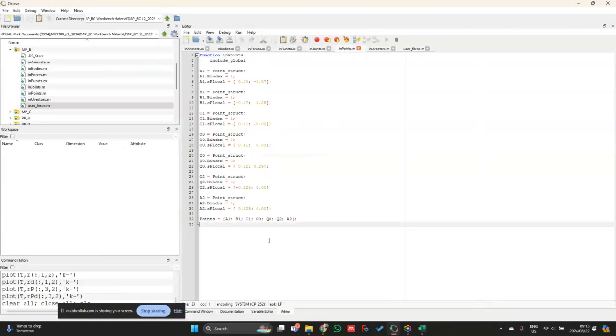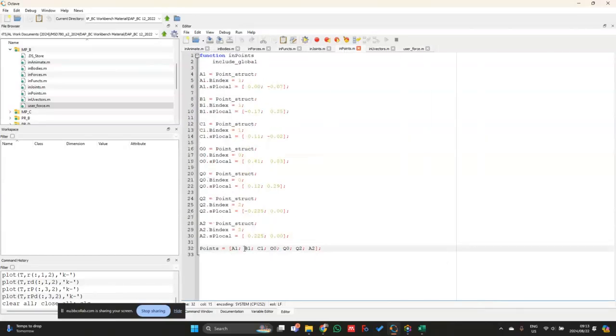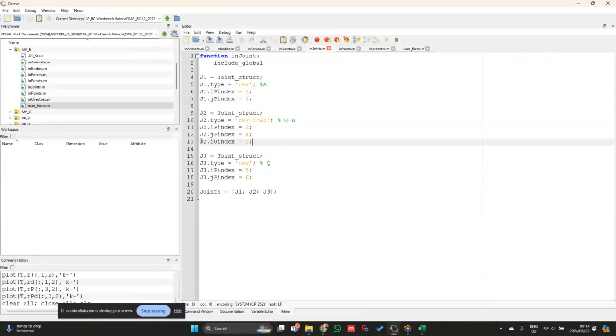If I go back to in points, point 2 will be point B on body 1. Point 4 will be point O on body 0. Then I also just need to give it an IU index. This should also still be on body 1, so I still match my body of IP index with the body of IU index.